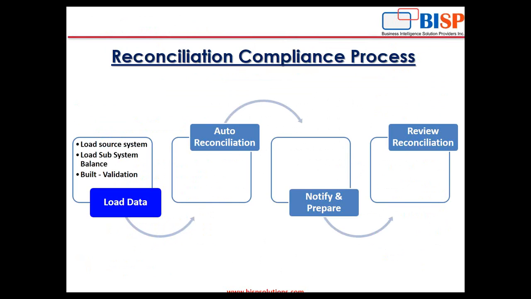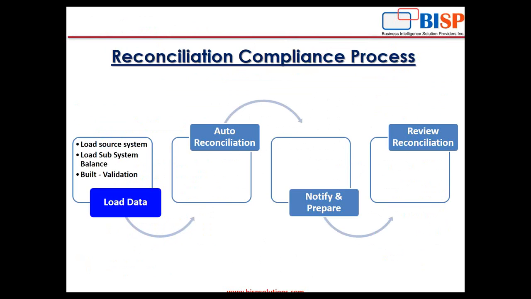Step 1 starts when the process of each period begins, when you have to load the balances for every period into the source system and the subsystem, if you are reconciling between 2 accounts. So one will be the source system, and the other one will be the subsystem.